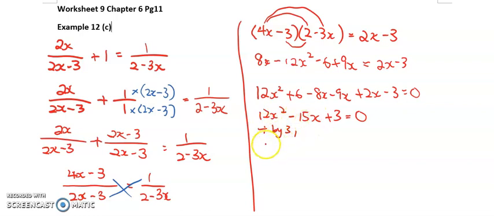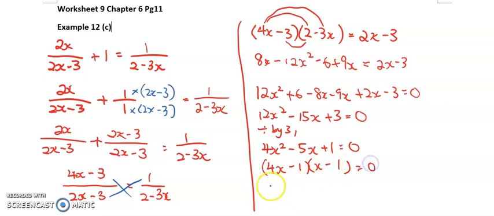Every term divided by 3. Okay, and we factorize this to become 4x, x, 1 and 1, so minus minus, and x equals to 1/4, x equals to 1.